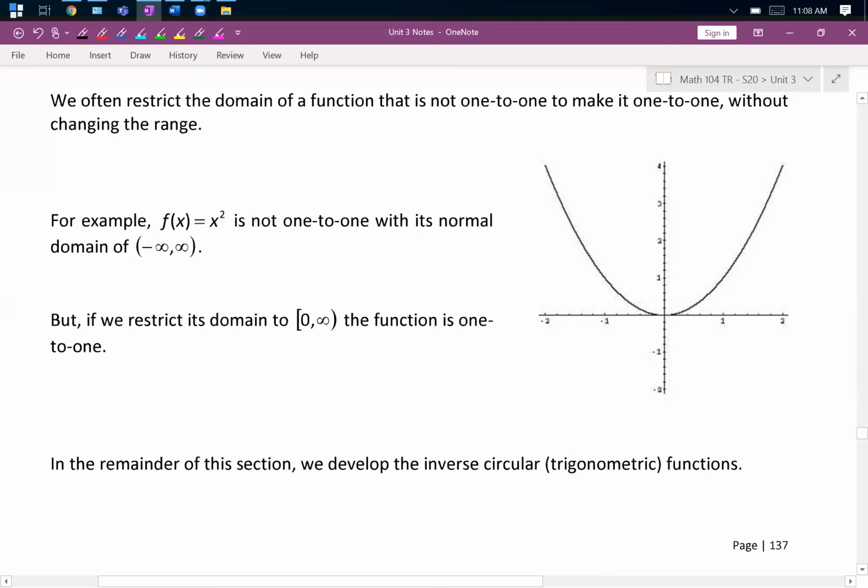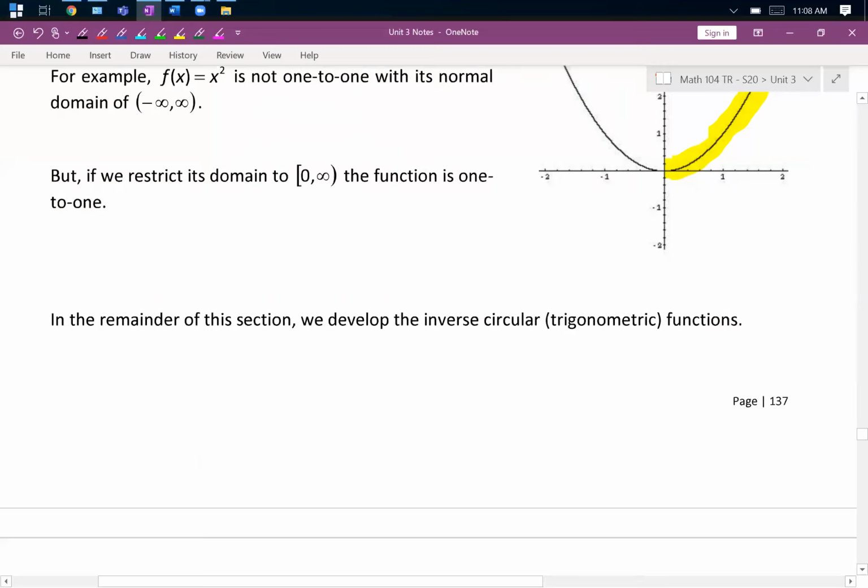But if I only take half of the parabola, if I restrict the domain to be just 0 to positive infinity, looking at only this portion, we do have a one-to-one function. In the remainder of this section, we're going to develop the inverse circular functions, and we will be restricting domains to do that.